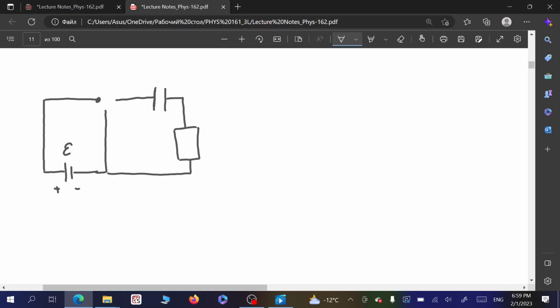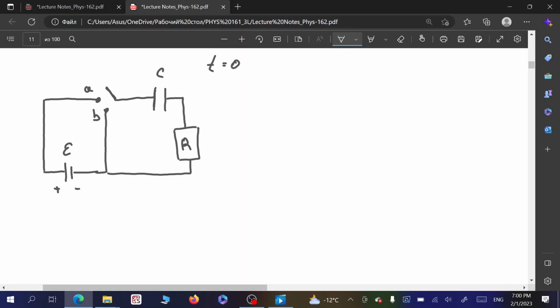So here we have a switch which can go in two positions, A and B. Today we will consider position B. So let us assume that at t equals 0, the first moment of time, there is no charge accumulated in the capacitor.